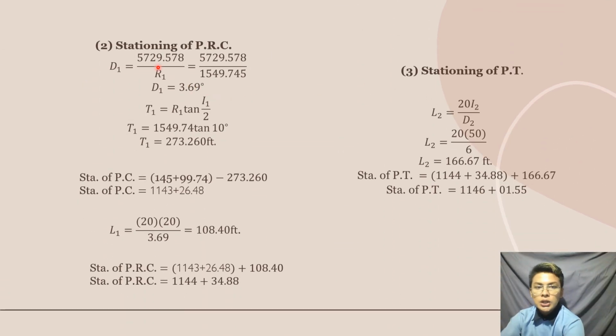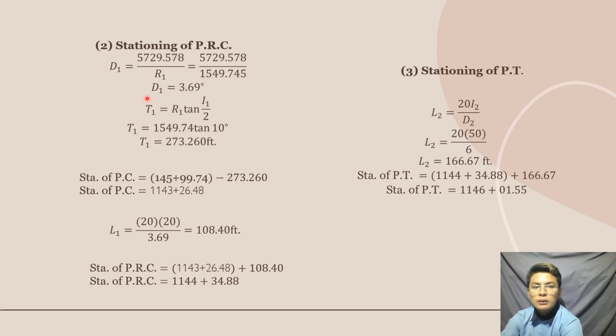Next is the stationing of PRC. Before we get stationing of PRC, we must get the first degree of the curve, tangent, PC, L1, and then the PRC. First thing first, we must get the degree of the curve using the formula 5729.578 divided by R, the computed radius of the curve, 1549.745.